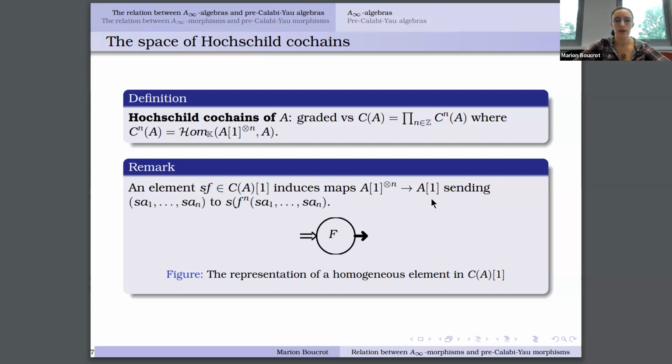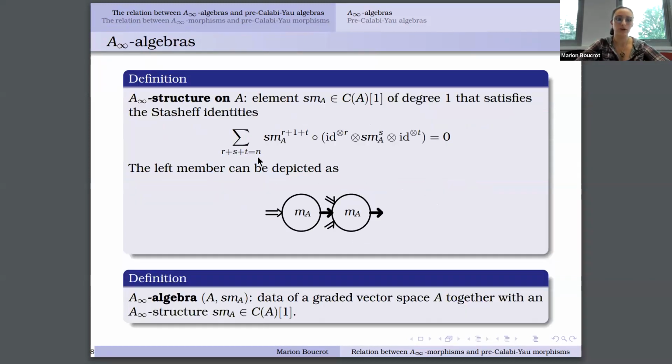So I will now give you the definition of an infinity structure on a graded vector space. This is an element of the shifted Hochschild cochains, which is of degree 1, and which satisfies the Stasheff identity. So we ask that for all n in N star, we have this identity. One can depict this left member like this in order to understand the identity better.